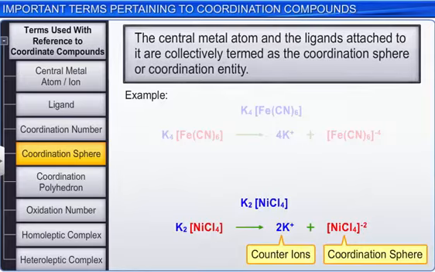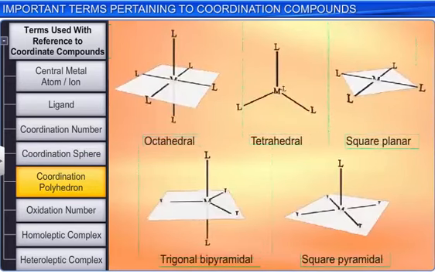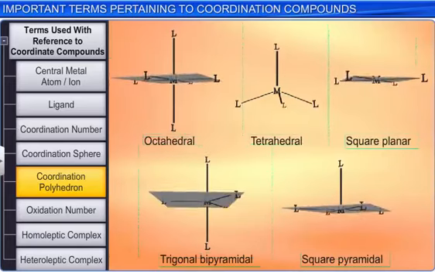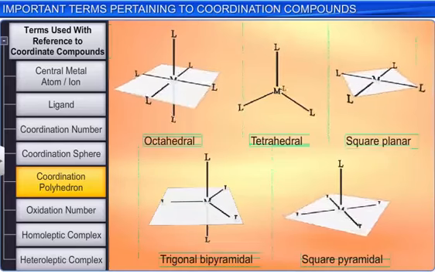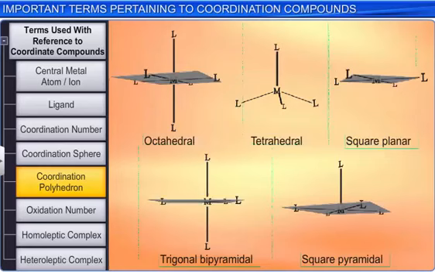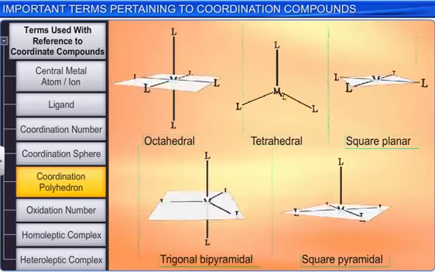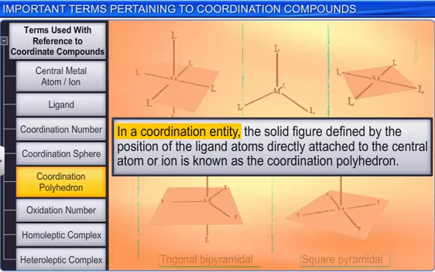Coordination polyhedron is another term we use in coordination chemistry. In a coordination sphere or entity, the ligands are attached to the central metal ion in such a way that it gives a definite geometry to the complex. Thus, the solid figure defined by the position of the ligand atoms directly attached to the central atom or ion is known as the coordination polyhedron.